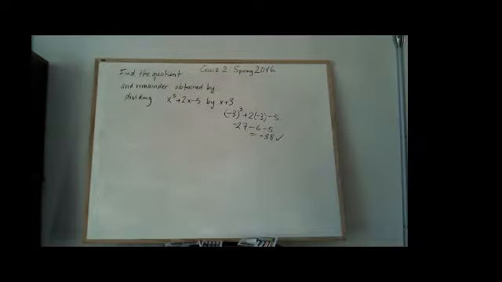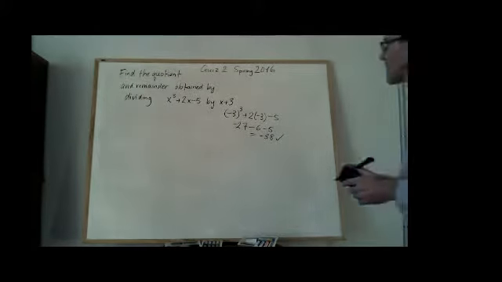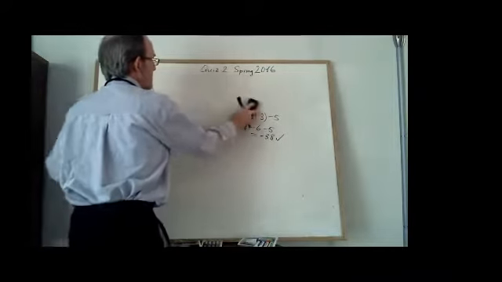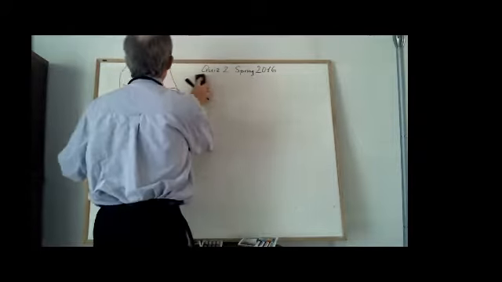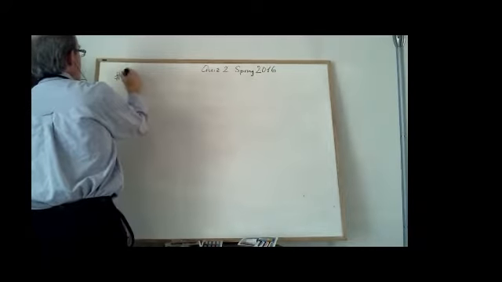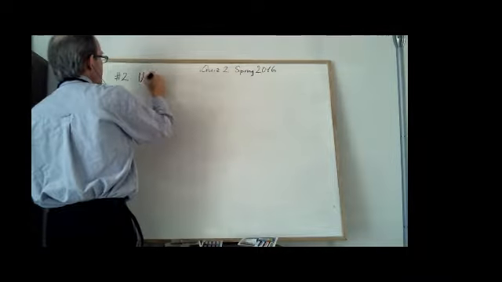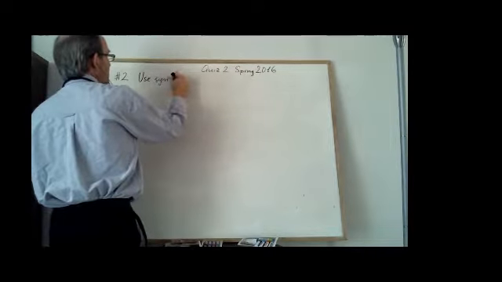Use synthetic division to find the quotient and remainder obtained by dividing x to the fifth minus x cubed plus x squared minus x plus 1 by x minus 1. That was number 1, this is number 2. So this one we are required to use synthetic division, which I probably would have used anyway.